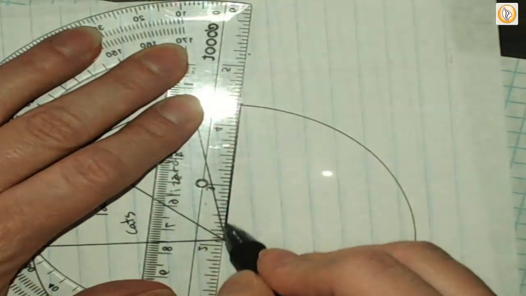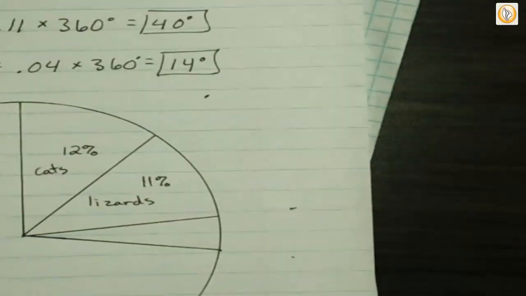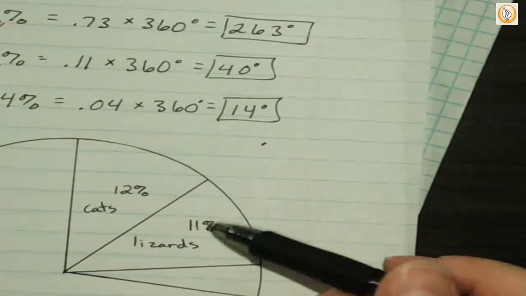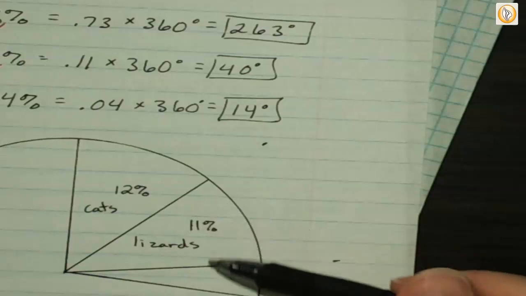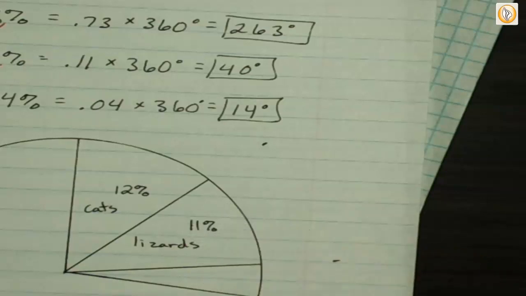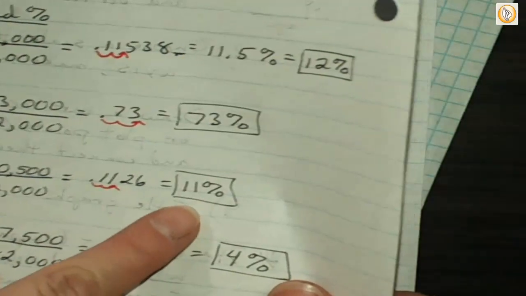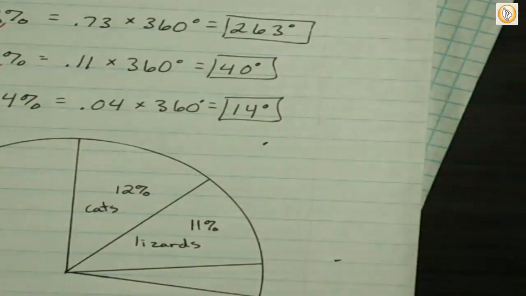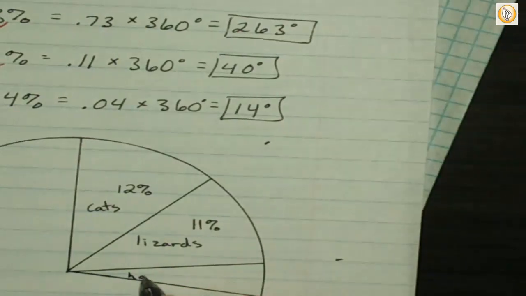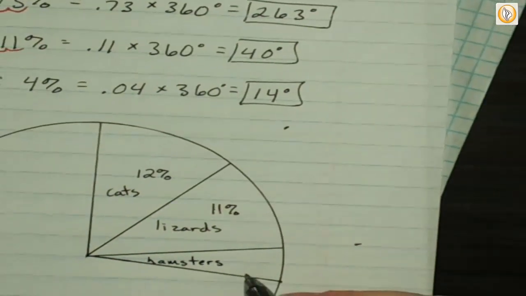Wait, for lizards, we did 40%. Lizards was 40 degrees. That's how you decide on the size of your pie. Okay. But lizards was 11%. Oh, okay, because I was confused for a hot second because you haven't done dogs and you skipped over it.